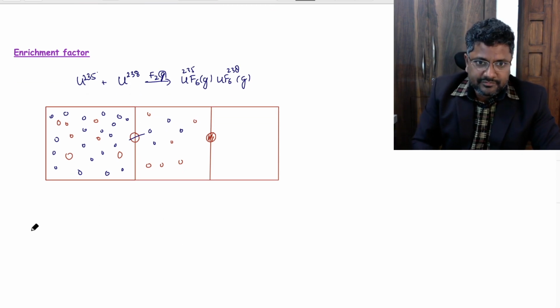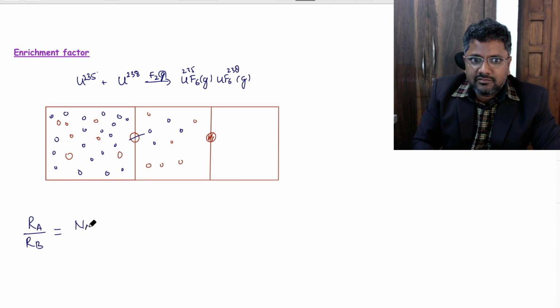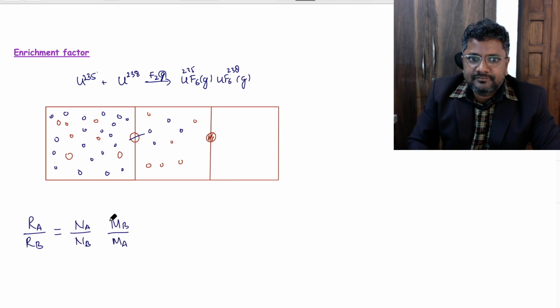So for two different gases, the ratio of rates RA by RB, where RB is the rate of effusion of gas B, is equal to NA by NB into MB by MA to the power 1 by 2, right?